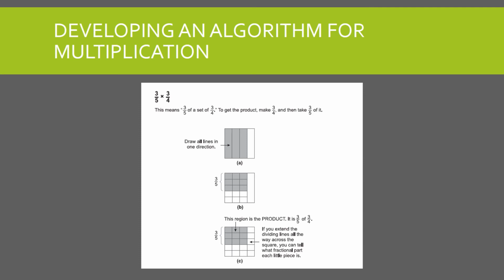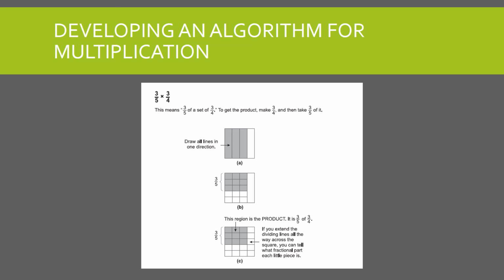So how do we develop an algorithm for multiplication? Well, we look at the problem, 3/5 times 3/4. This means 3/5, something that's not yet 1, of a set of 3/4. So to get the product, we're going to set up 3/4 first, and then we're going to take that section and take 3/5 of it.